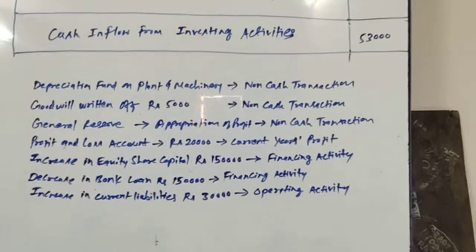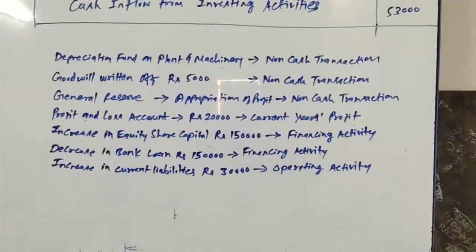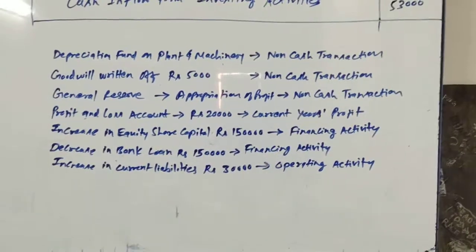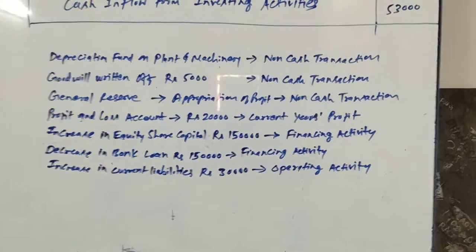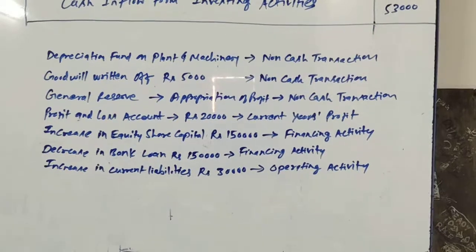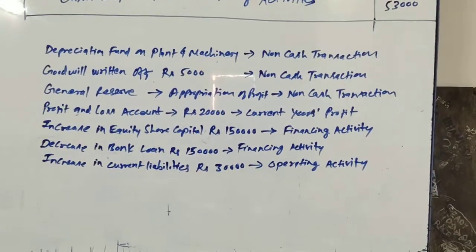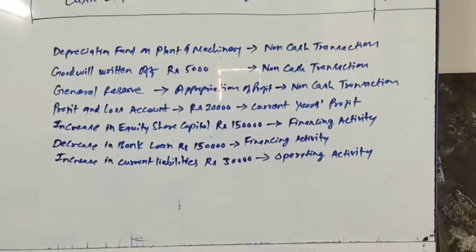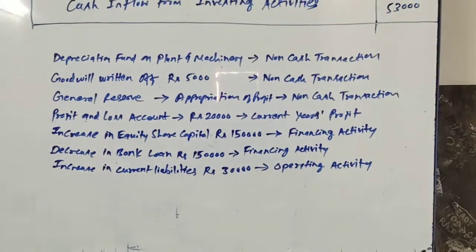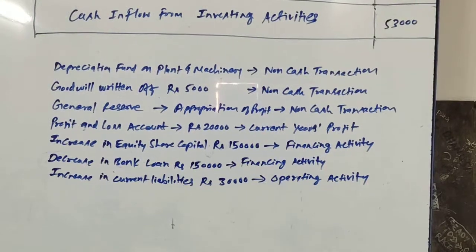Okay friends, now this is the list of transactions which are not considered here, being the non-investing activities. First is depreciation fund on plant and machinery. It is a non-cash transaction, so it will not be considered here. Goodwill written off, it is also a non-cash transaction. General reserve, it is appropriation of profit and also a non-cash transaction. Profit and loss account rupees 20,000, this is current year's profit, so it is not an investing activity, right?